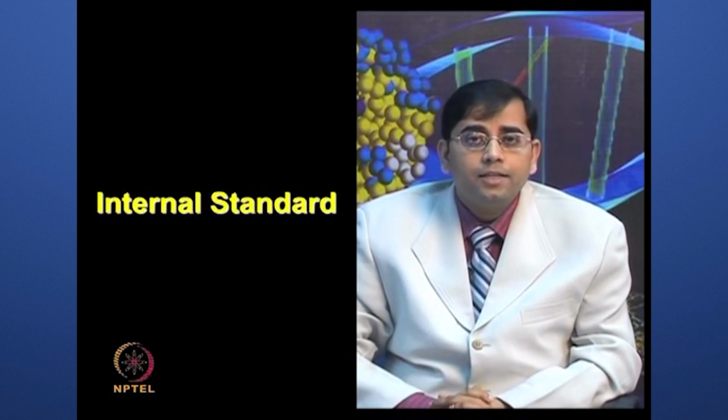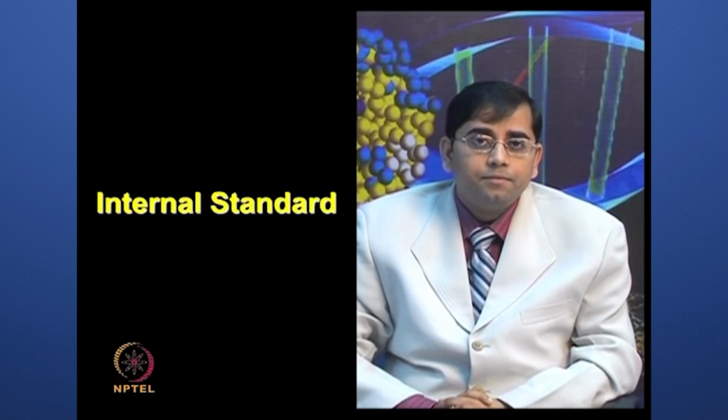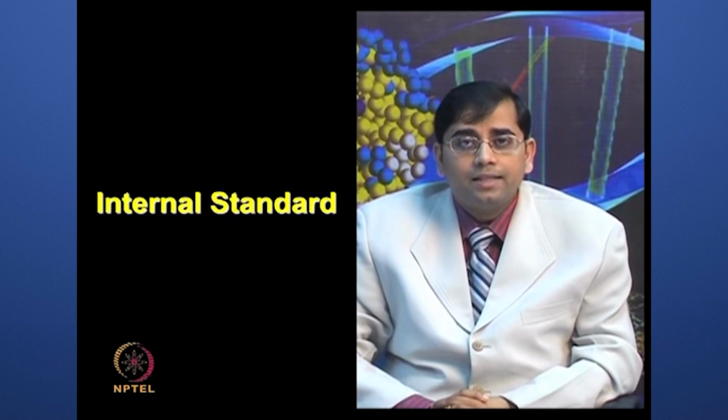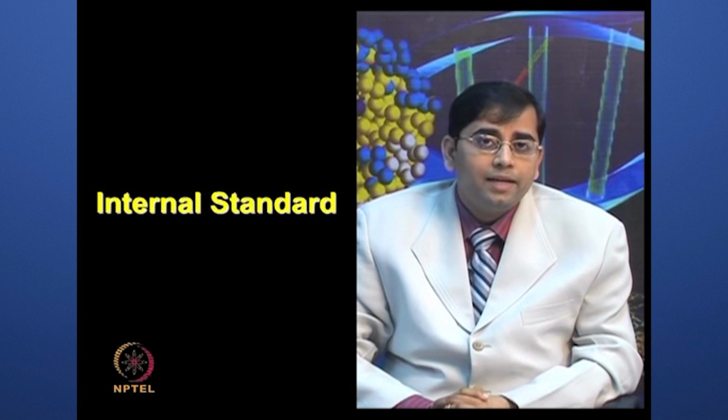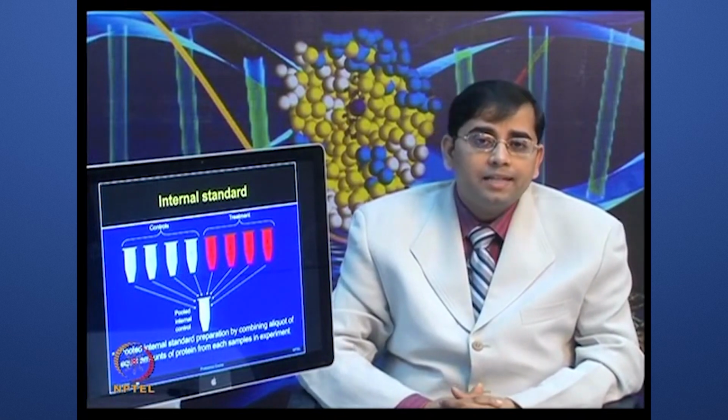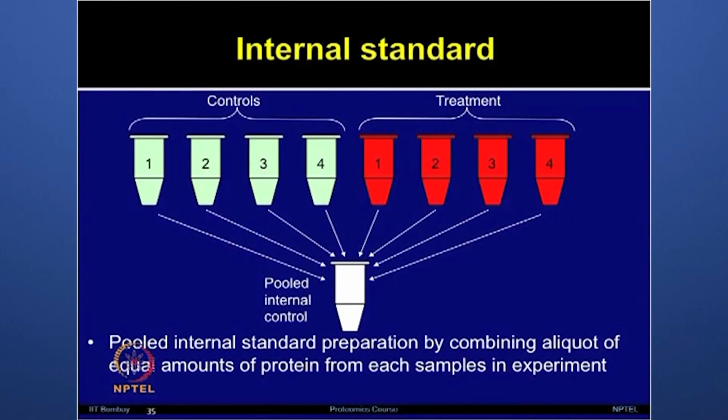While you are reconstituting the dyes and labeling your protein samples with the Cy3 and Cy5 dyes, let us think about our Cy2 dye and the internal standard. I am taking a very simple case here, where you have 4 healthy controls and 4 patients suffering from a disease.